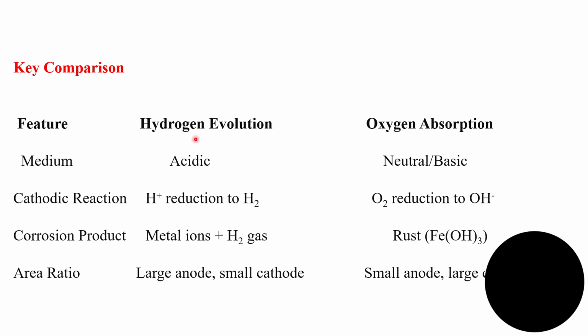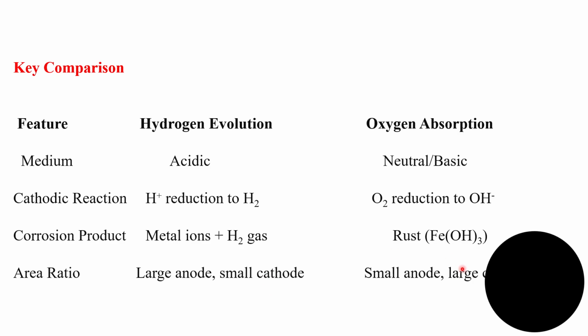Again, this is very crucial when it comes to the area ratio. In the hydrogen evolution reaction, the anode part would be very large when compared to the cathodic. The cathode would be very small, that we have discussed in the earlier slide, where a large anodic area would be there in the hydrogen evolution reaction, whereas a small cathodic part.